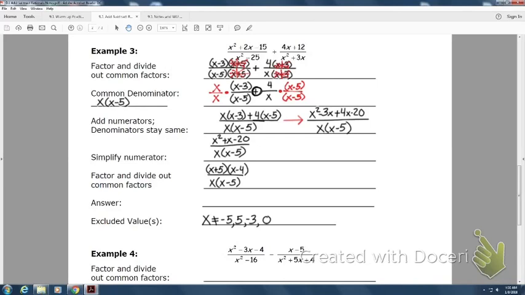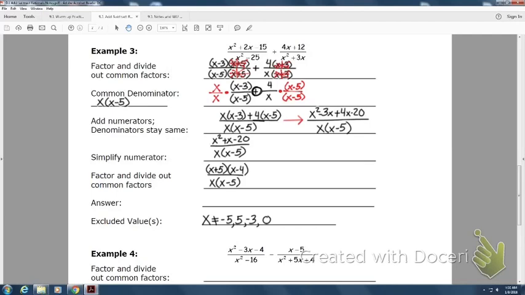Okay. Can anything cancel in that fraction? Bill? No. Make sure that you do not cancel an x plus 5 and an x minus 5. They are not the same. Just because they both have x's and they both have 5's, they're not the same.